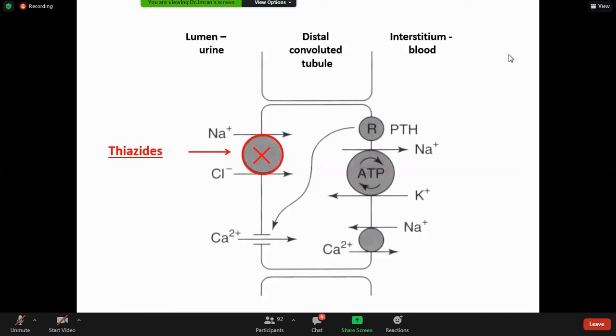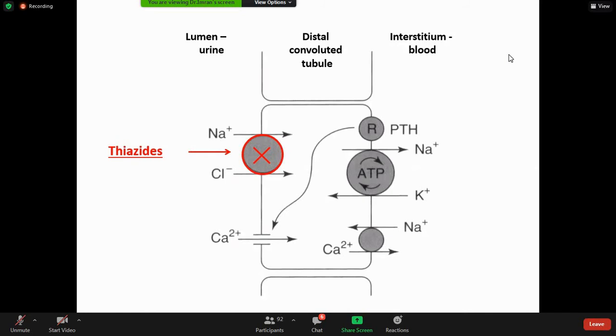So how does it work? When the blood is filtered through the glomerulus, salt and water are also filtered, electrolytes, right?